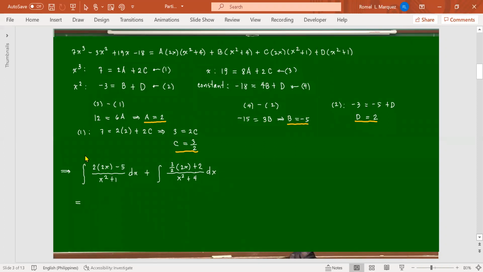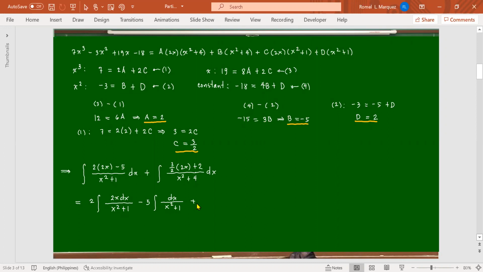So this first integral can be split into 2 integrals, getting 2 times the integral of 2x dx over x squared plus 1, leading to the integral of du over u. This gives us ln of absolute value of u. Then the other integral we have, negative 5 integral of dx over x squared plus 1.